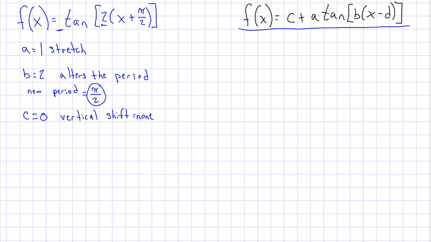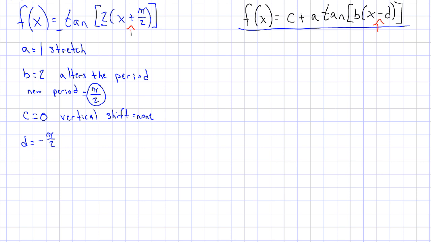All right, and then we have the very last thing, which is D. So D in my problem here, it's actually negative pi over 2. So my generic function has a subtraction here. And because this is a positive, the value of D is actually negative pi over 2. And the fact that that is negative means something.